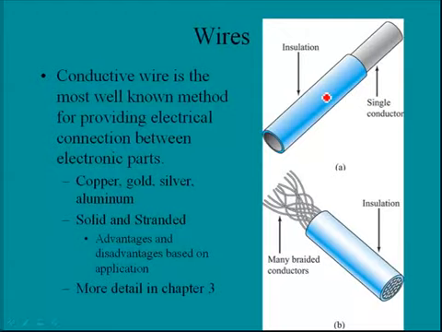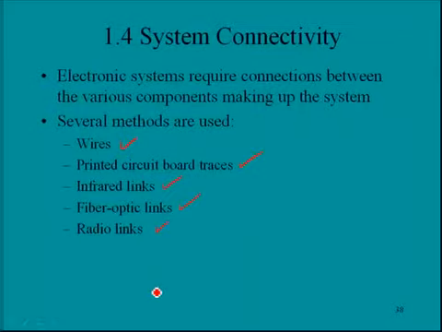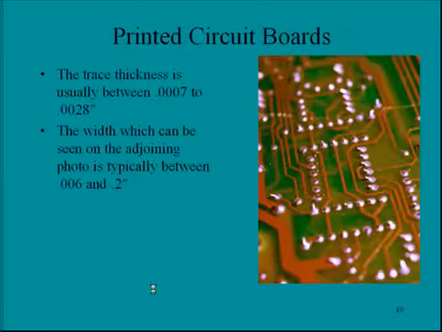There are advantages and disadvantages of each, and it tends to be based on the application. We won't go there now. In Chapter 3, we'll provide a great deal more detail about the specifics of wire. For now, we're just mentioning it as one of the methods for system connectivity.